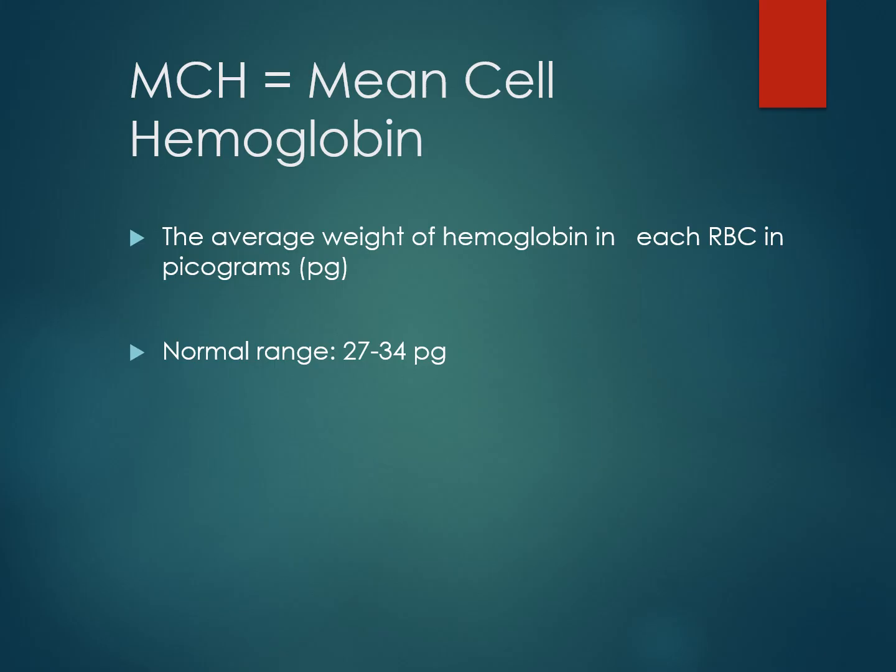And remember, that is a very, very tiny measurement. A picogram is only 10 to the negative 12th of a gram. That's a very, very tiny measurement. The normal range for MCH is 27 to 34 picograms.